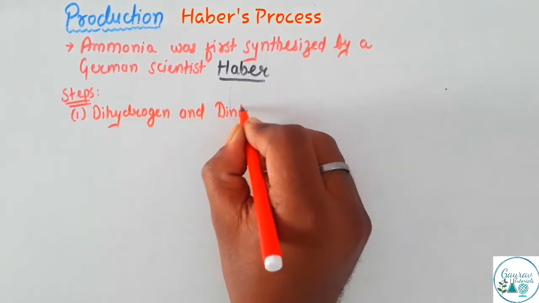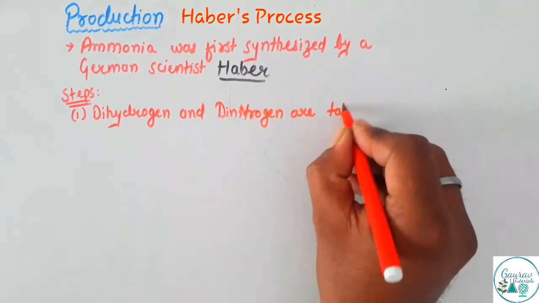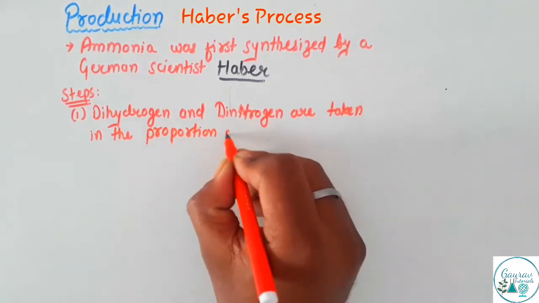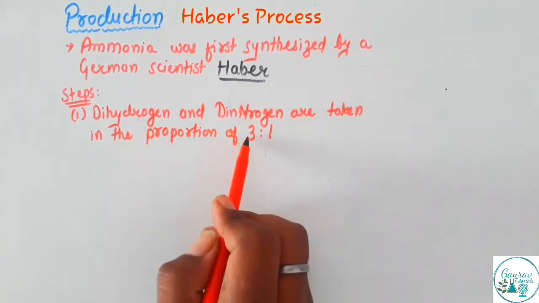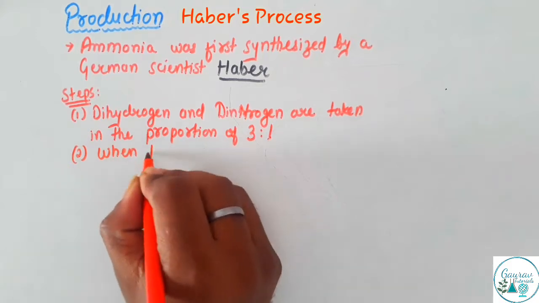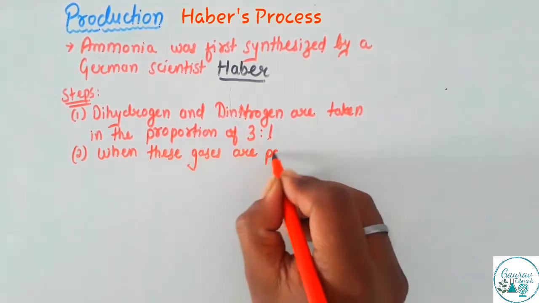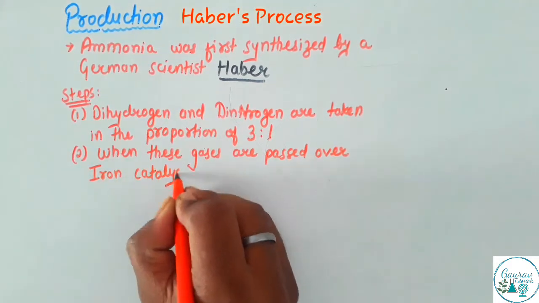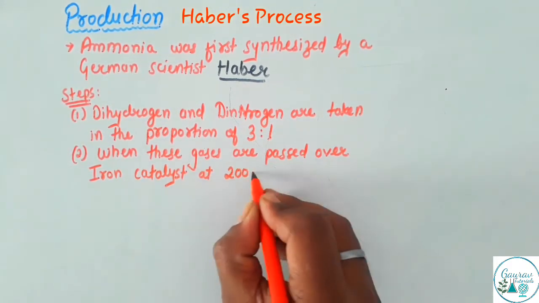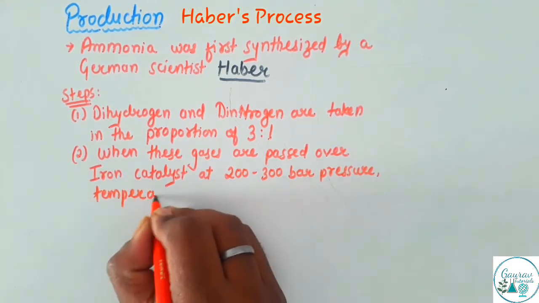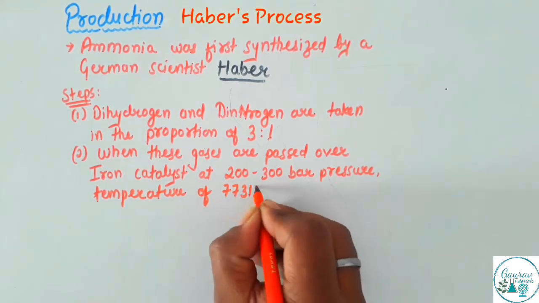Dihydrogen and dinitrogen gases are taken in a proportion of 3:1, and then these gases are passed over an iron catalyst at 200 to 300 bar pressure, and the temperature would be around 773 Kelvin.